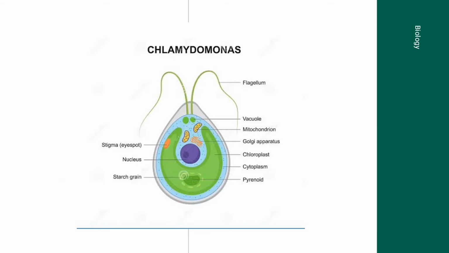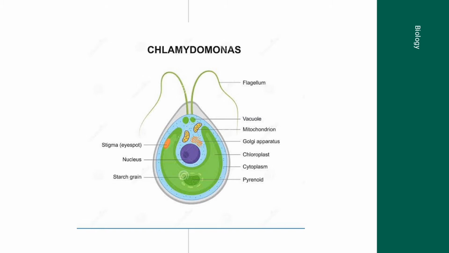Chlamydomonas are also unicellular organisms, but they are plant-like. Unlike amoeba and paramecium, which are animal-like, Chlamydomonas are plant-like, and they are also unicellular organisms. That is, they possess only one cell, and they can exhibit all the characteristics or the biology of living things.